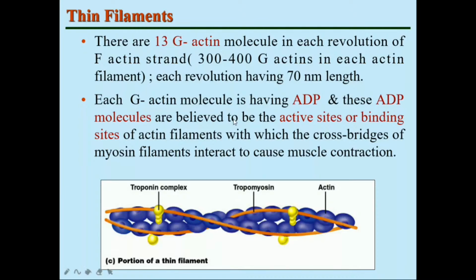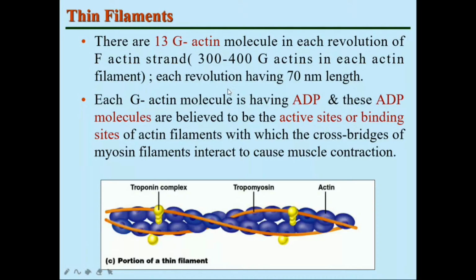Totally there are 300 to 400 G-actins in each actin filament, and each revolution has a 70 nanometer length. So from this point to this point, it is 70 nanometers in length, and in one revolution there are 13 G-actins joining together, forming two F-actin strands twisted around each other.